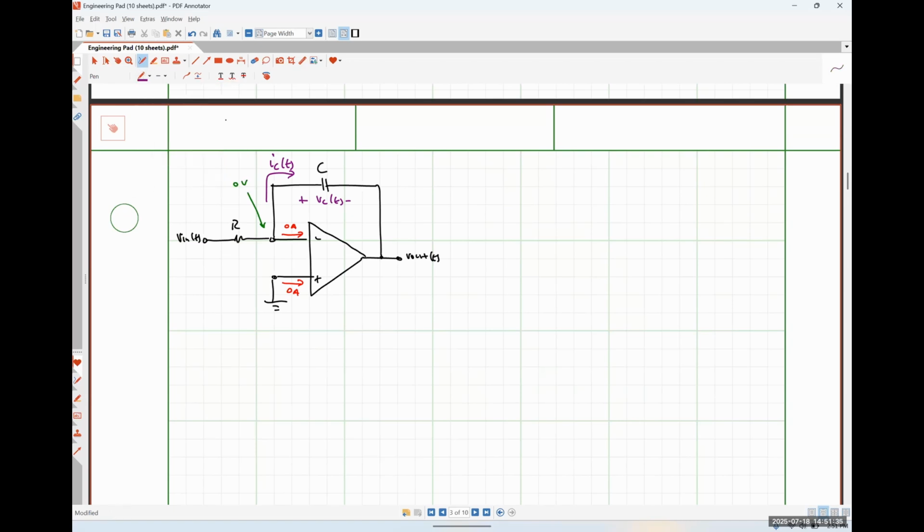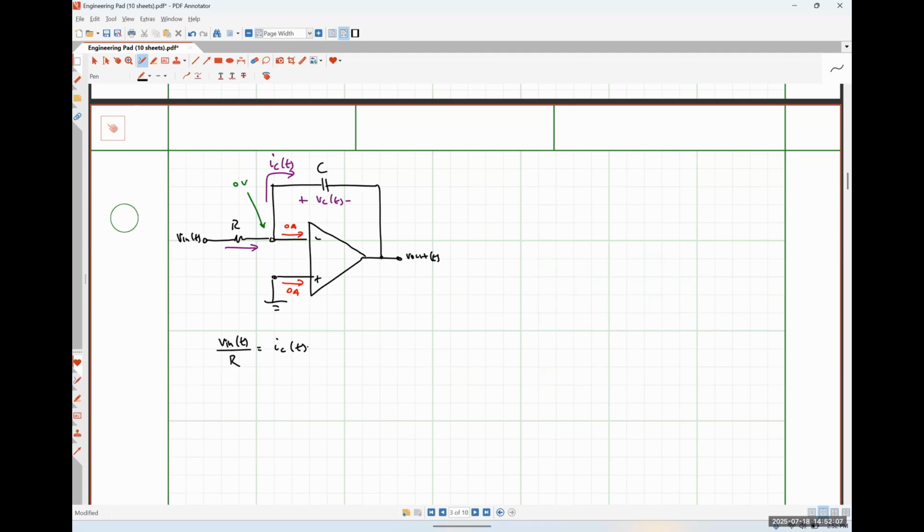And once again, I'm going to write my KCL equation such that the current flowing into the inverting input node is equal to the current flowing out. So that's going to look like Vin minus 0 divided by R is equal to IC.